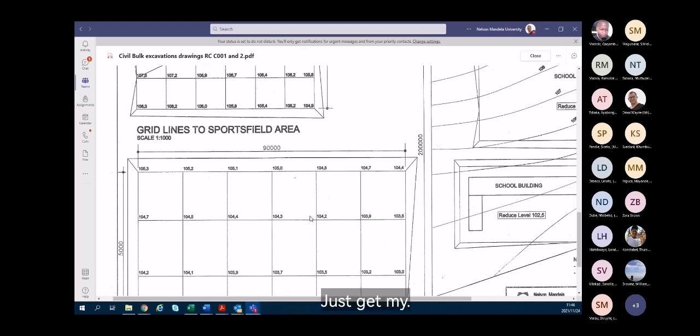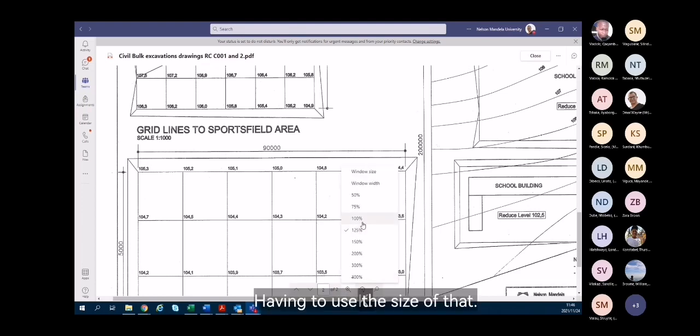Let me just get my... Okay, I'll reduce the size of that.